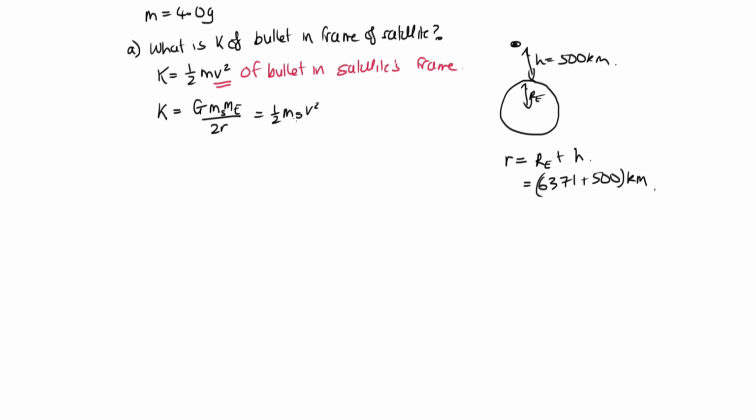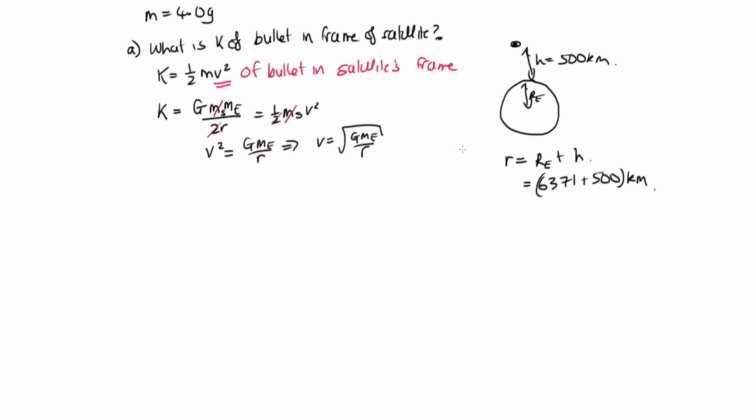Now looking at this, we can see there's a couple of things which will cancel out. The mass of the satellite will cancel out, and these halves, the 2's on the bottom, will also cancel each other out. So we can rearrange this to get an expression for the speed of the satellite. So the speed of the satellite is equal to G times the mass of the Earth over r. And so this tells us that v is equal to the square root of G times the mass of the Earth on r, where r was defined over here.